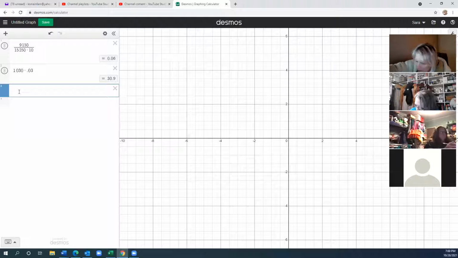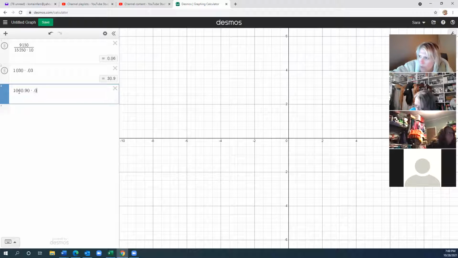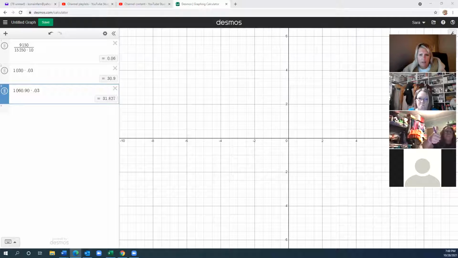So I'm going to type 1060.90 times 0.03. And we would have earned $31.83, rounded correctly. Yep, that's what I got. Me too. Excellent. And a thumbs up from Darla.